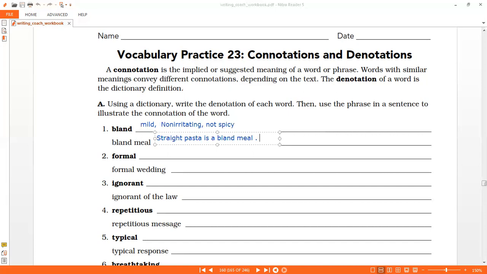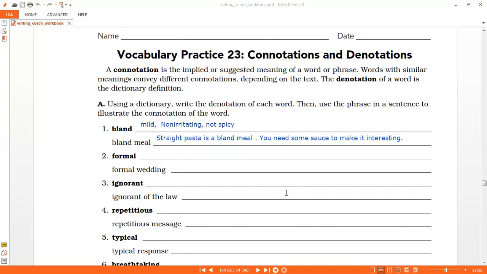You need some sauce to make it interesting. So this is for bland: mild, non-irritating, not spicy.